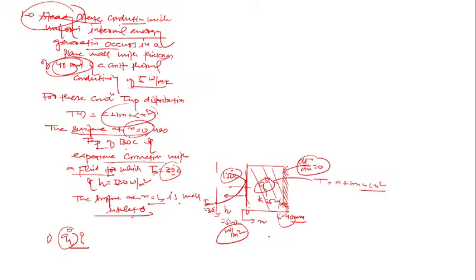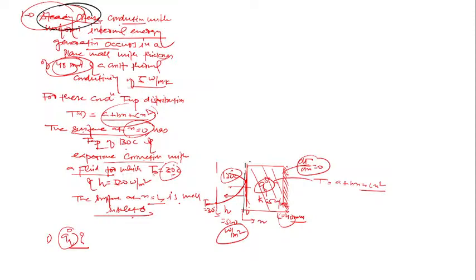How can I find the QG dot? Anyone? Because if you write these equations, you don't know A, B and C. But one piece of information is given to you, that steady state is there. So at steady state the total heat generation is equal to total heat removal.